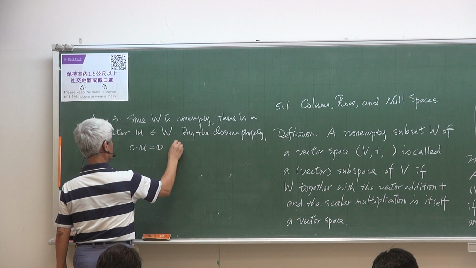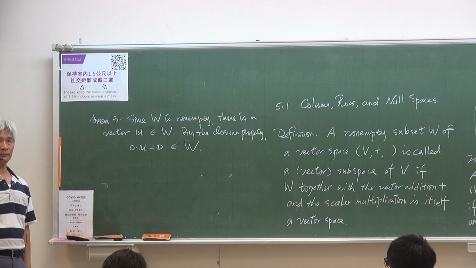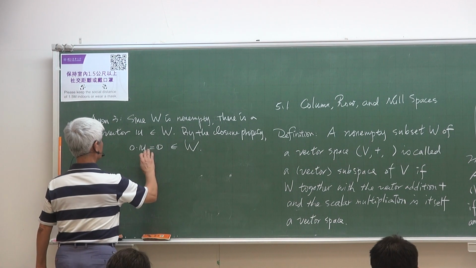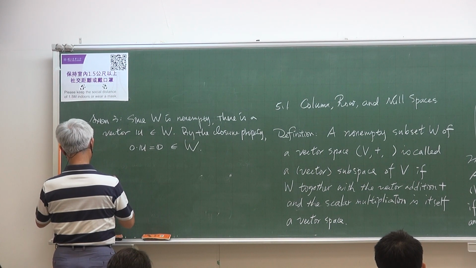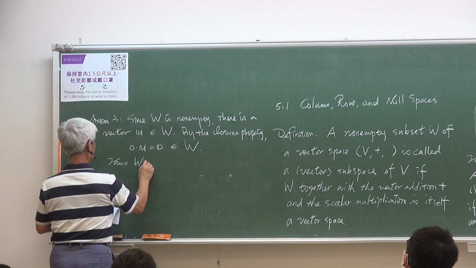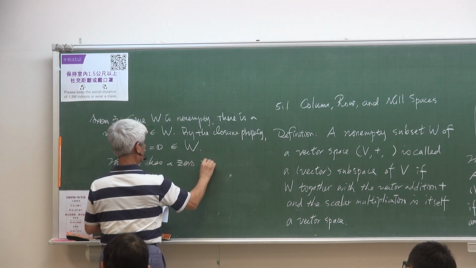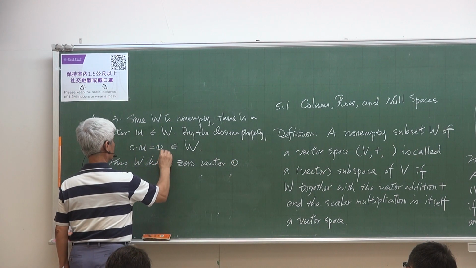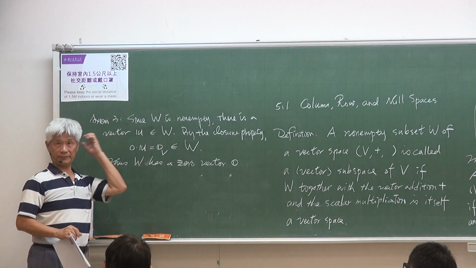Which is just the zero vector, must be in W. So that's W has a zero vector. Maybe I should indicate that this zero vector is the zero vector for the original vector space V.